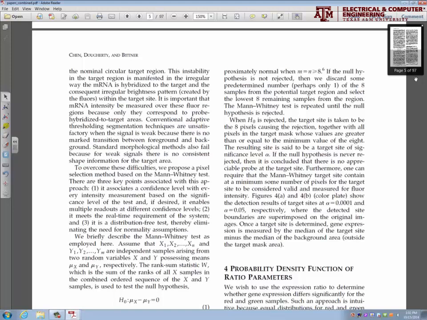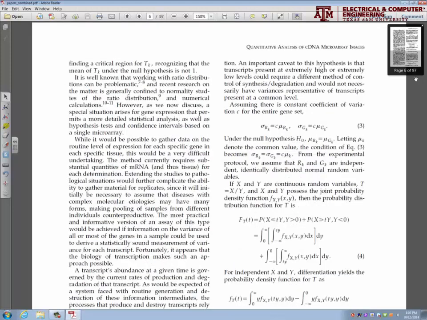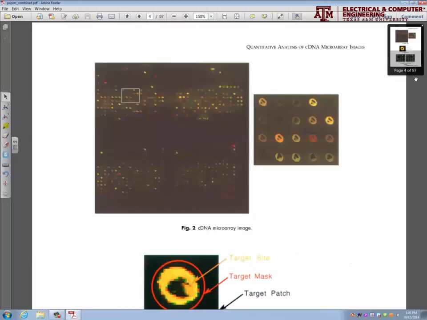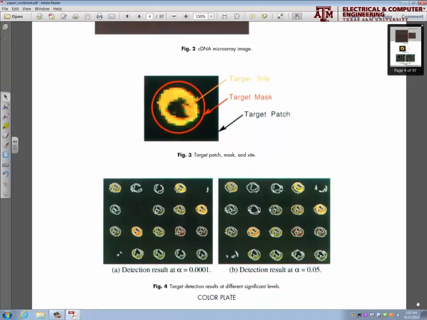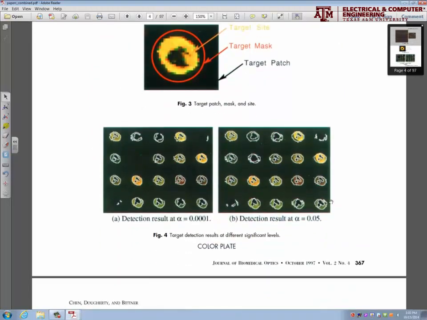So 2 examples are given for different levels of confidence, in the 2 pictures on the previous page. These are the targets that would be detected at different levels of significance.